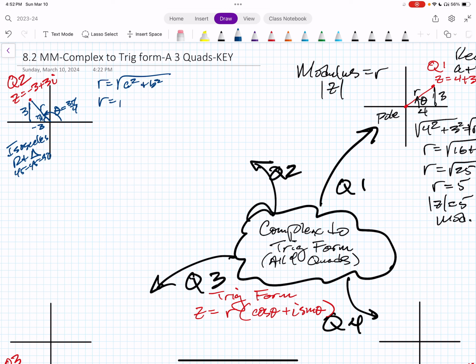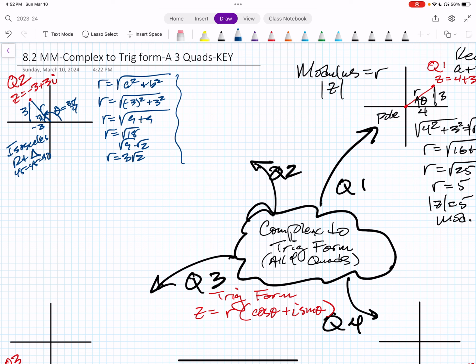That's straight from the lesson. So we take negative 3 squared plus 3 squared. Notice I put negative 3 in parentheses. And I got the square root of 9 plus 9, or 18. Now the square root of 18 is the square root of 9 times the square root of 2, which is 3 rad 2. So you should probably simplify your modulus there.